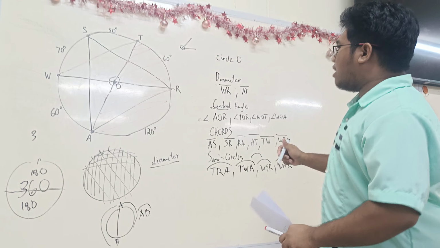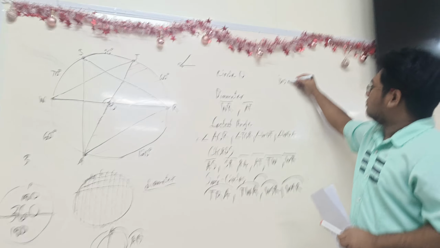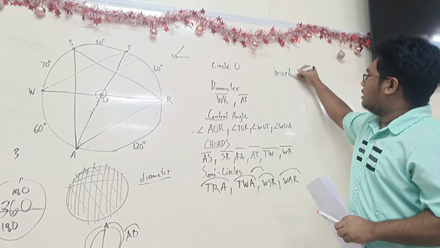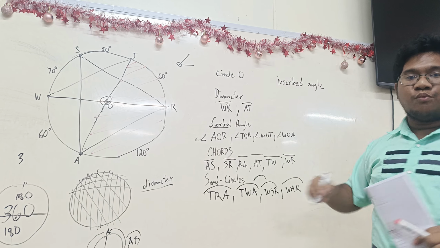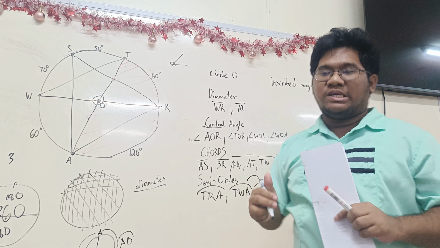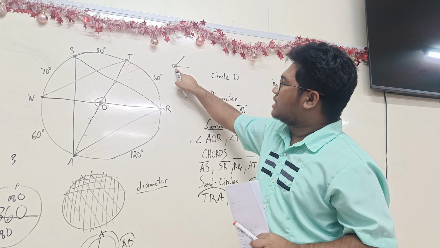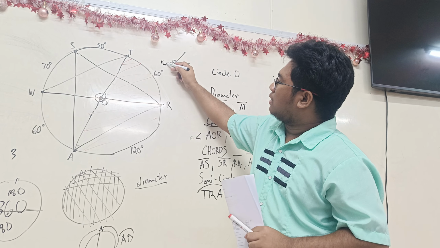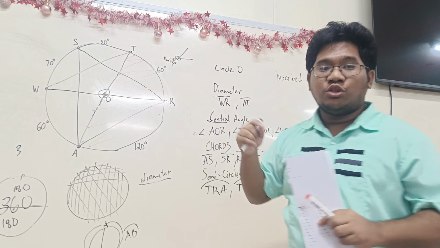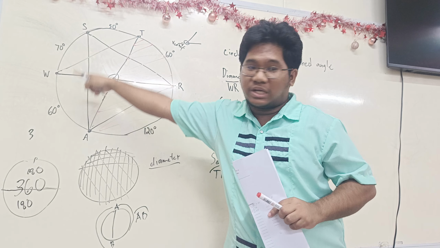Next, let's talk about the inscribed angle. Inscribed angle. Okay, so when we talk about inscribed angle, ang tinutukoy natin dito ay yung angle na ang vertex naman, again, vertex, ito yung nasa dulo. Ang vertex ay nandun mismo sa circle natin or nandun mismo sa linya ng circle natin.